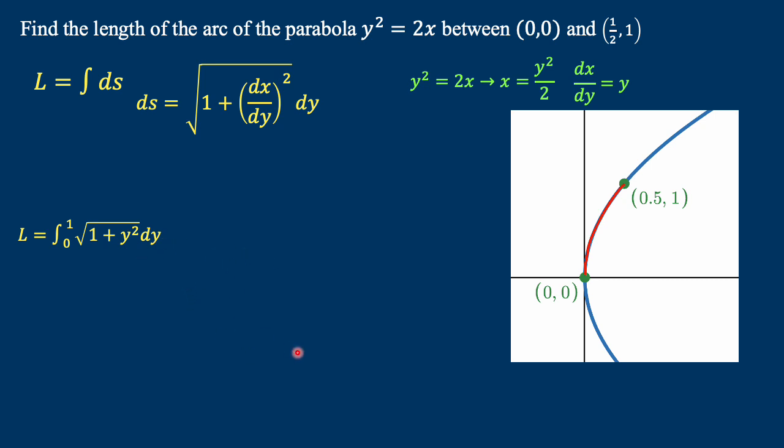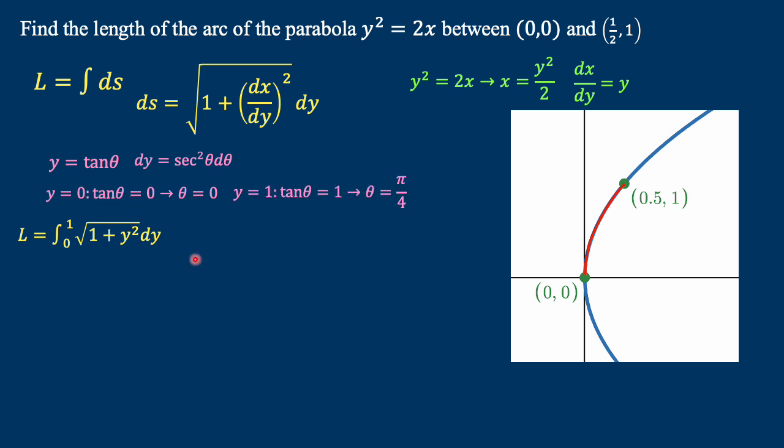So we want to evaluate this. Which integral technique should we use? We use trigonometric substitution. So y is going to be tangent theta, so dy is going to be secant square theta d theta. Upper bound, lower bound, you have to find it. y equals 0 is the bottom, lower limit: tangent theta is 0, theta is 0.